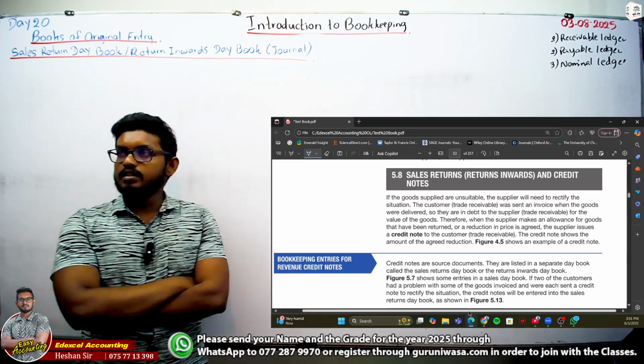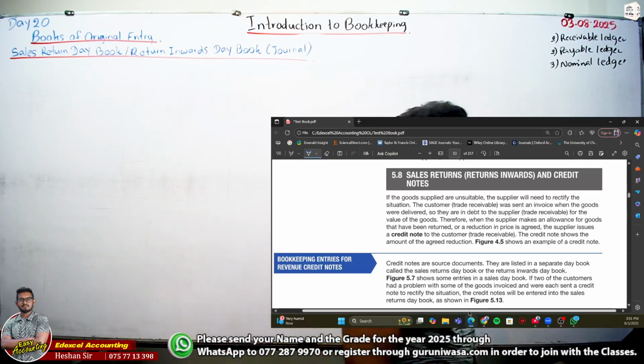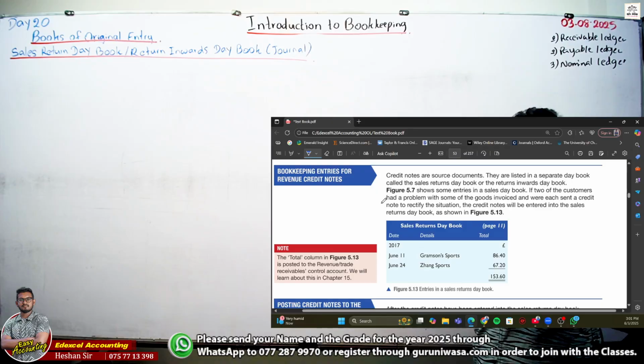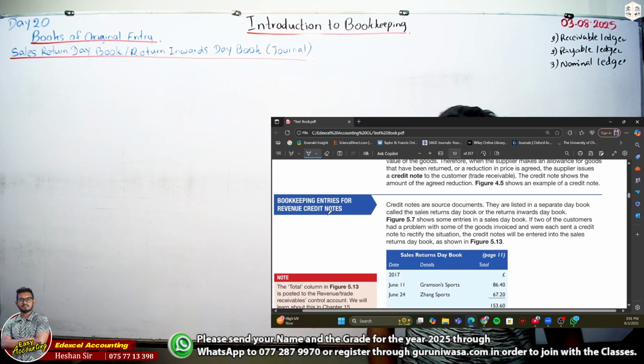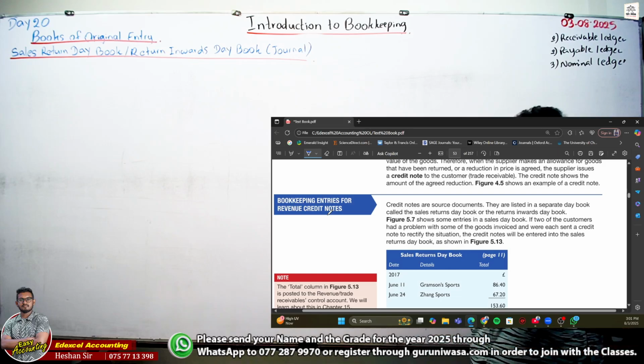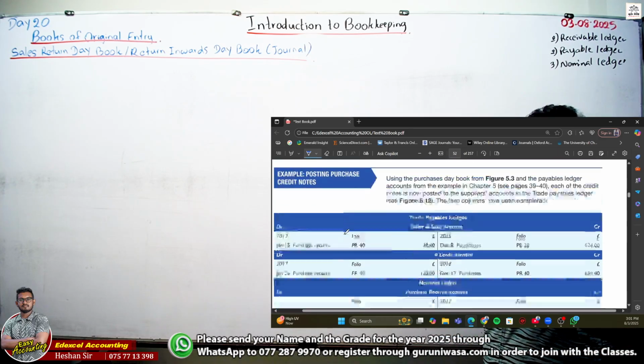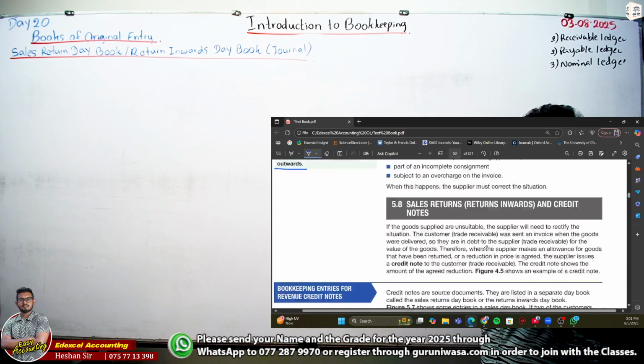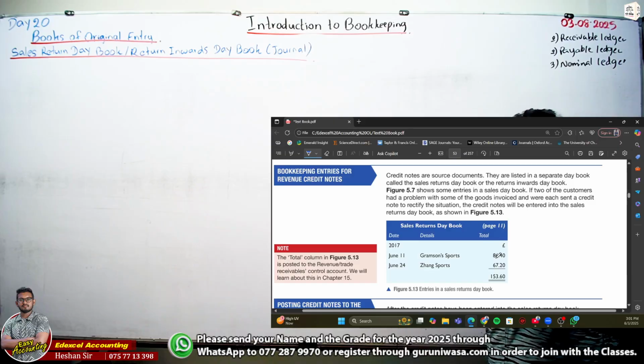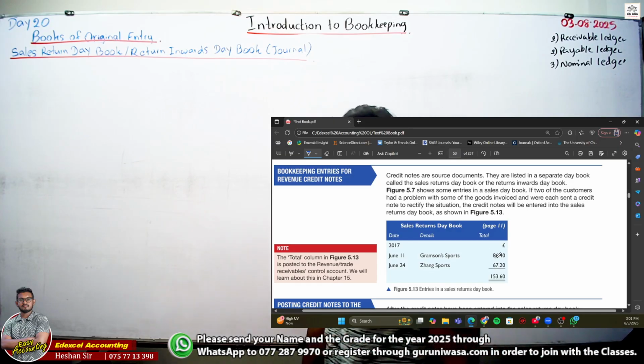So, an example, the credit note. Bookkeeping entries for revenue or the sales return note, right? So in here you can write sales return, in other words we call it revenue return, right? Credit notes are source documents.